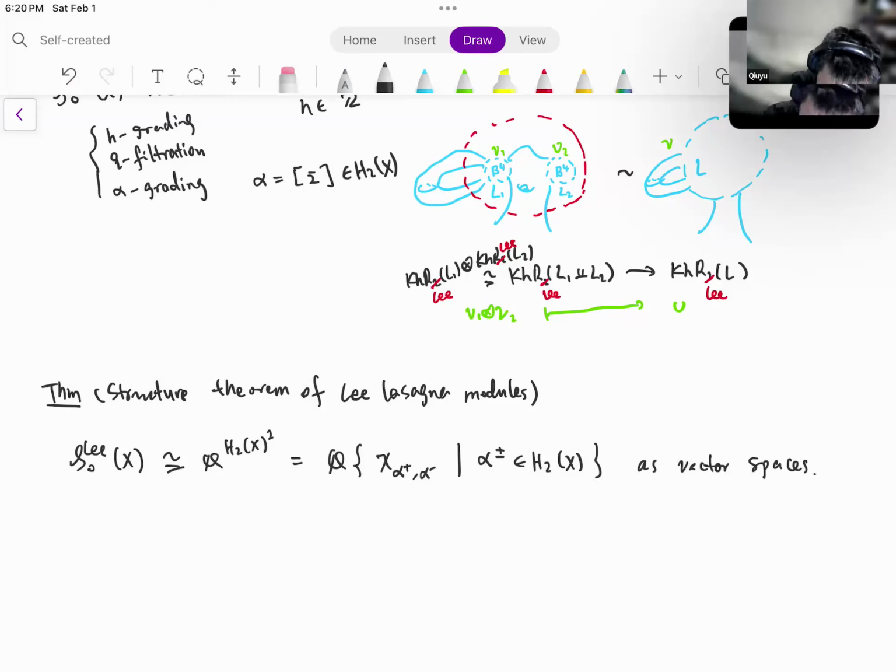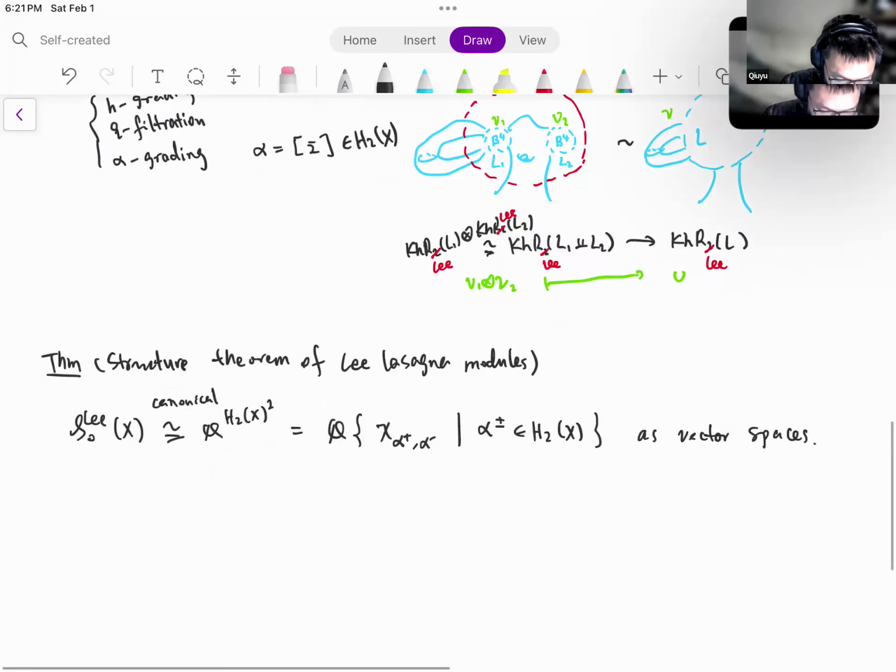Maybe I should say this isomorphism is canonical. So if you ignore the further structures of this skein lasagna module, then it seems that we have created a somewhat boring invariant. But just like in the classical case, this skein lasagna module is indeed interesting if one considers the Q filtration on this particular vector space.